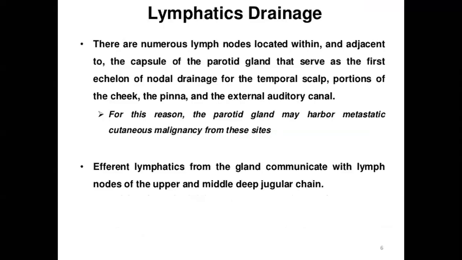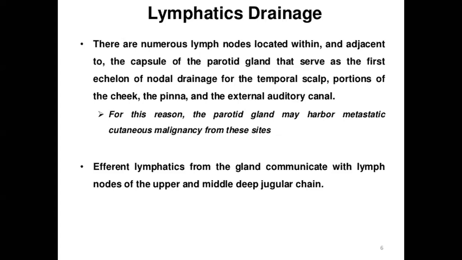There are numerous lymph nodes located within and adjacent to the capsule of the parotid gland that serve as the first nodes draining the temporal scalp, a portion of the cheek, and the inner and external auditory canal. For this reason, the parotid gland may harbor metastatic malignancy from these sites.